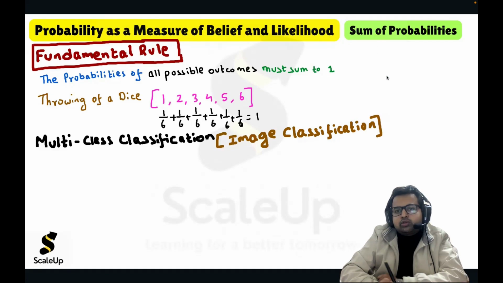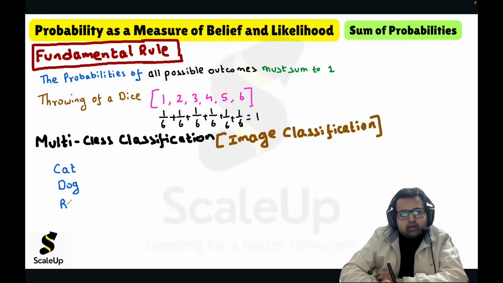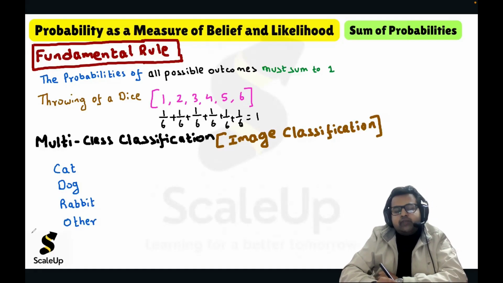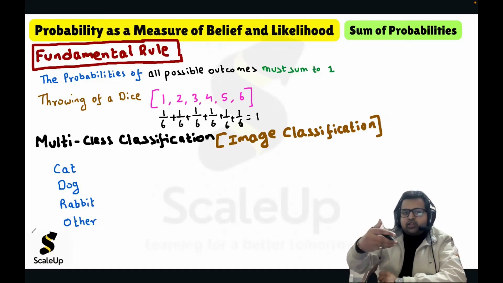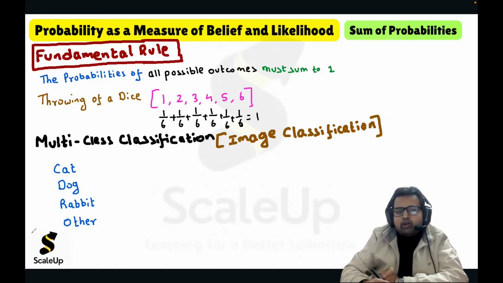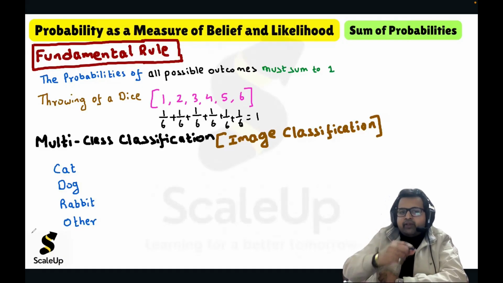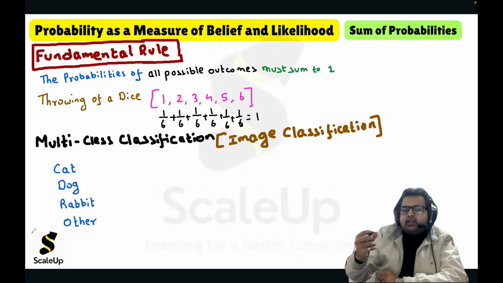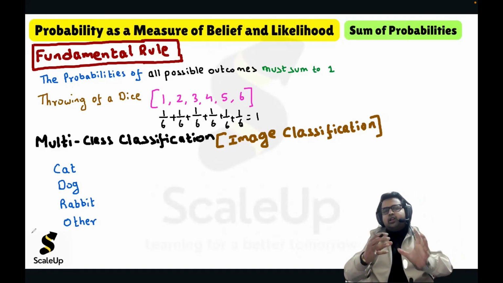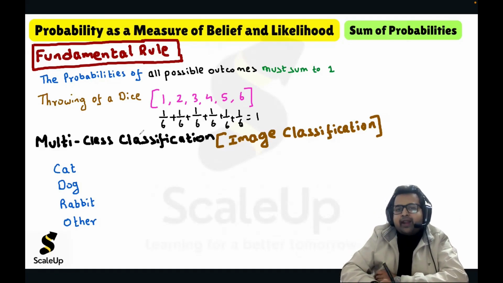Let us suppose that in multi-class classification, the classes are cat, dog, rabbit, other. Now what will happen is that when you pass an image to this image classification model, it will associate a probability.